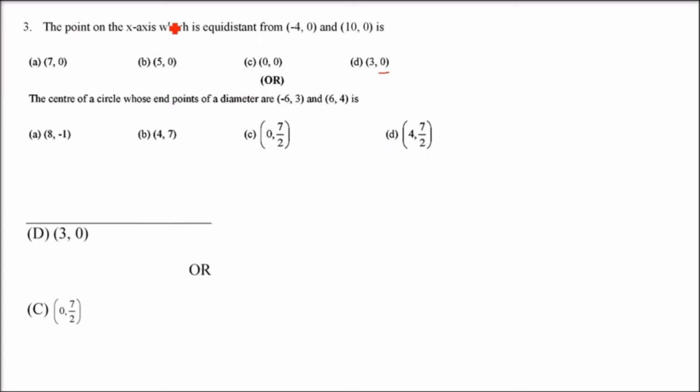So how do you do this? The point on the x-axis which is equidistant from (minus 4, 0) and (10, 0). Now it's easy to solve using the midpoint formula, or see, on the x-axis any point will be (a, 0). The y coordinate will be 0. Now the points are clearly given.